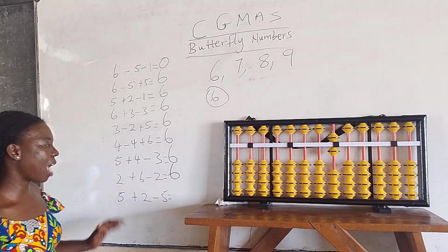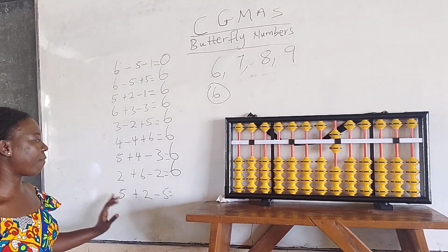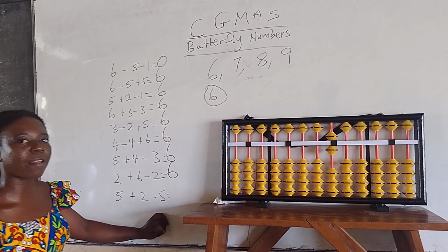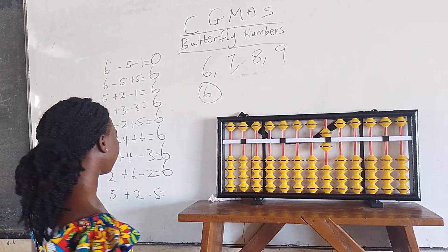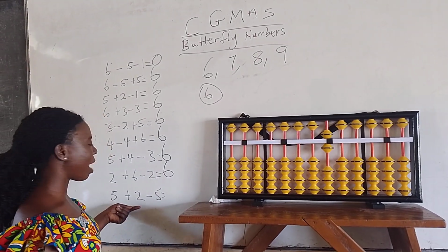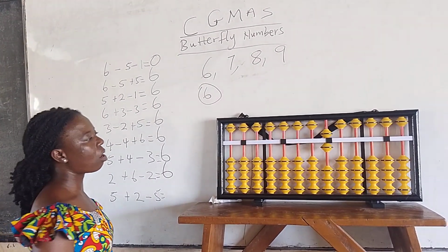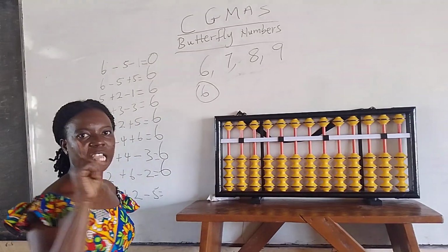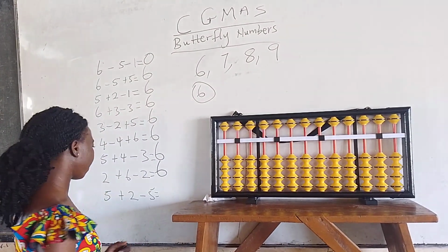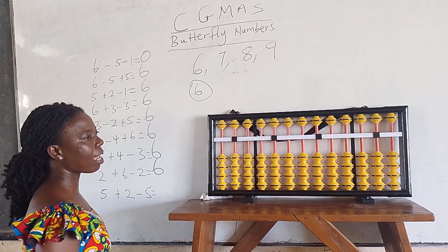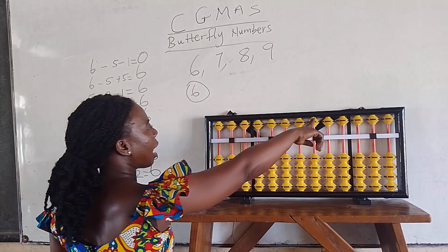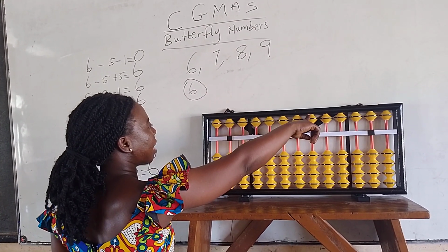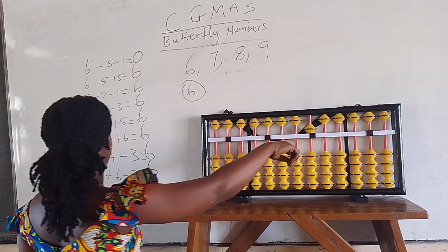Alright, let's look at the last problem of the day. We have 5 plus 2 minus 5. How do we work that? So with 5 plus 2 minus 5, first of all, I didn't clear my tool. Let's clear our tool before we work. Always clear your tool before you move to the next problem. So I first take my index finger and I bring it down. 5, index finger down, 5.